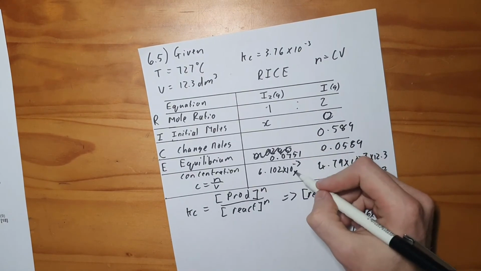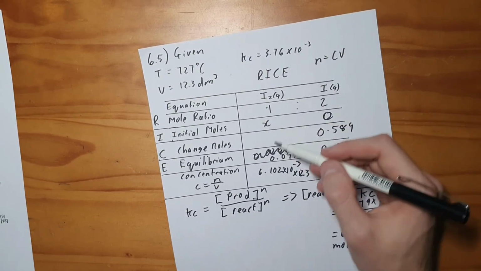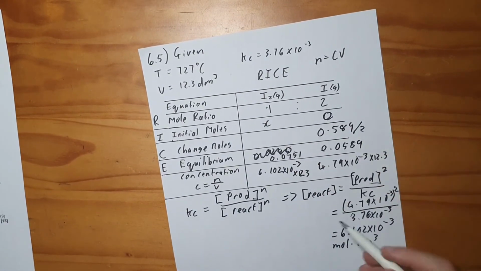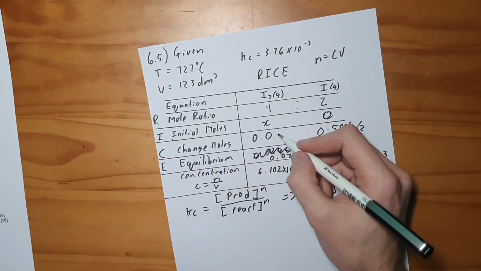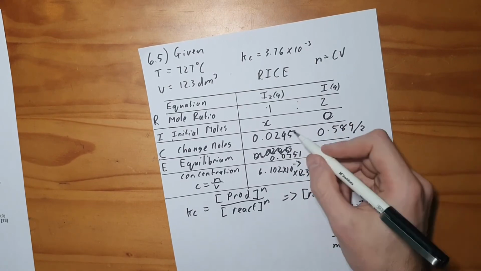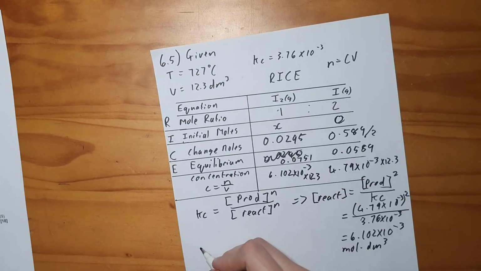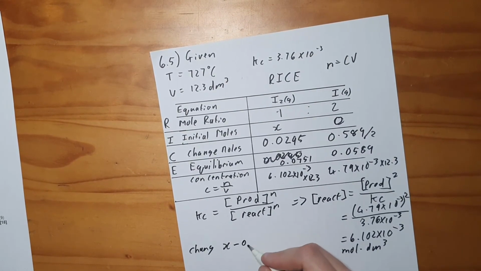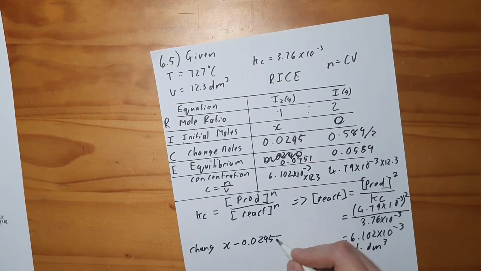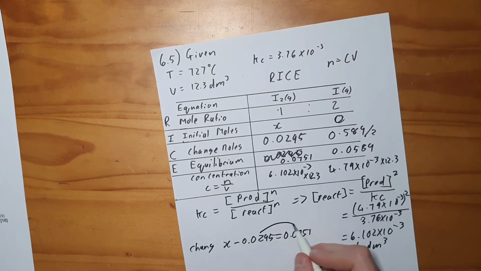If I times this by 12.3, now I work out with the ratio to get this over here, so I divide this by 2, which means I'm going to get 0.0295 over here. Now in order to get x, remember the change, the change was x minus 0.0295 gives me 0.0751.